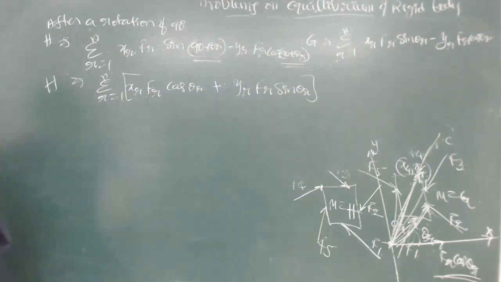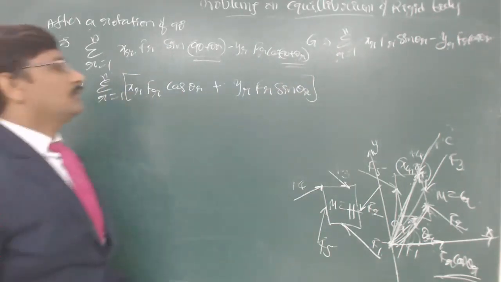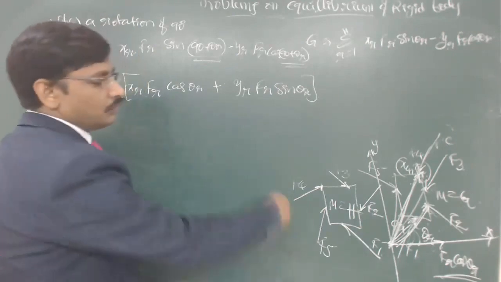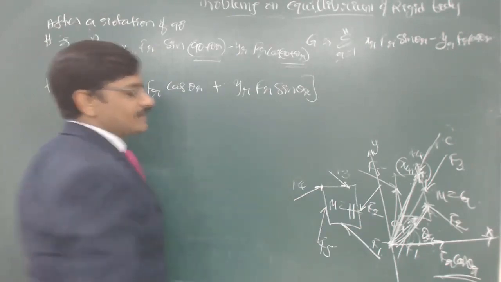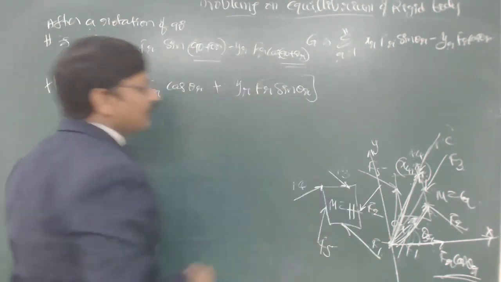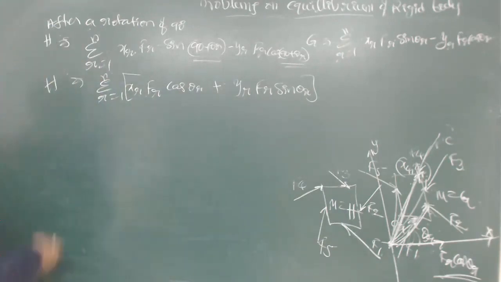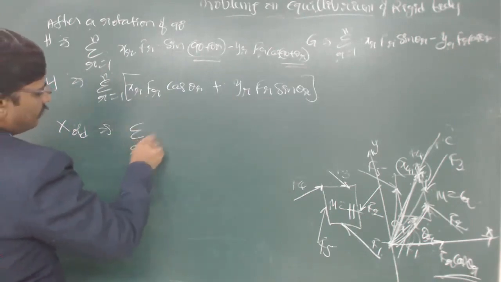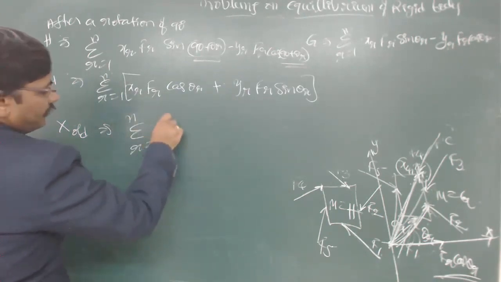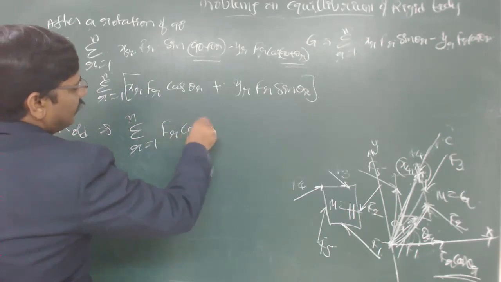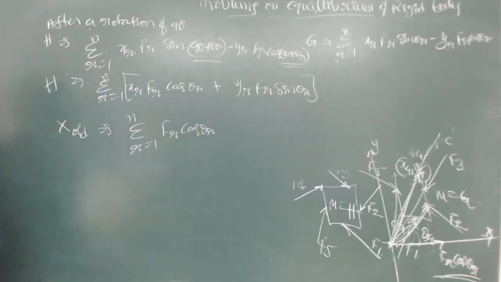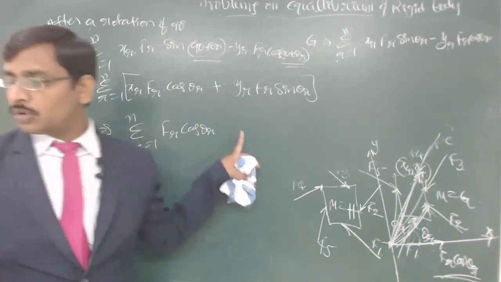So we have got the g value and we have got the h value. Now if you resolve the force along the x-axis and along the y-axis, again it won't make any difference. Earlier, x old was sigma r equal to 1 to n, fr cos theta r. This is the horizontal component of the force initially without rotation.